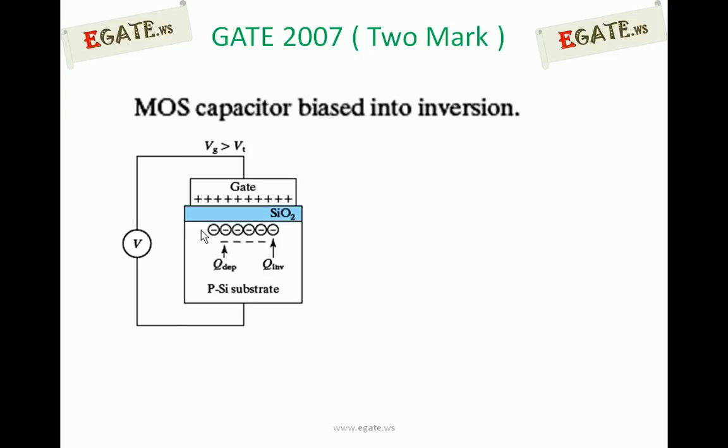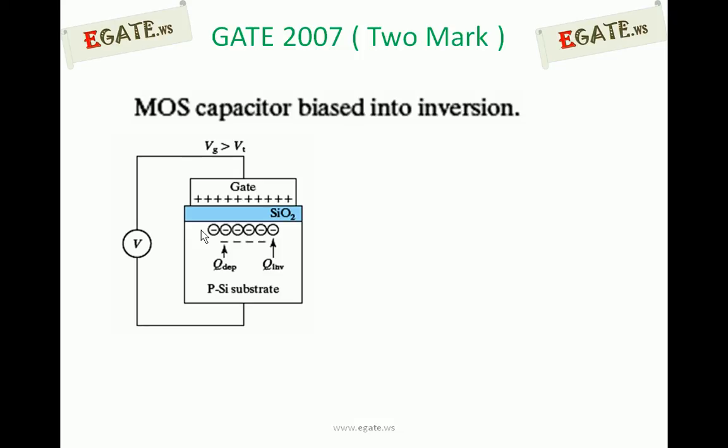Previously the channel consisted of holes if no voltage was applied, but if you apply a large positive voltage, the channel turns to consist of electrons. Previously holes, positive charge, now electrons, negative charge. Inversion. That's why this bias condition is called the inversion region.